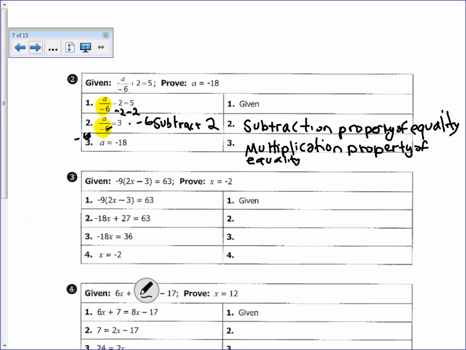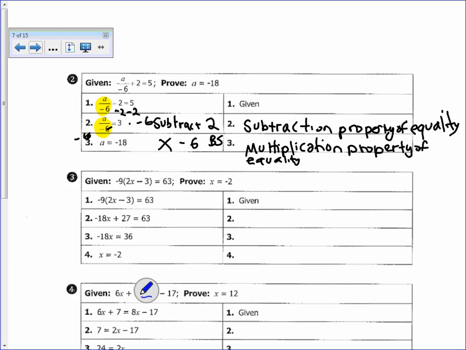And if you need to, you can put times -6. You know, BS doesn't mean the bad words, it means both sides. Negative multiply, -6, BS.